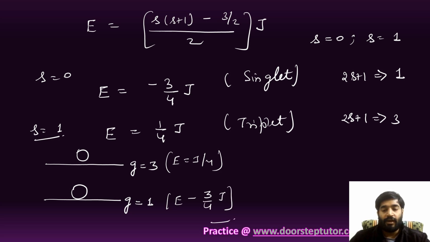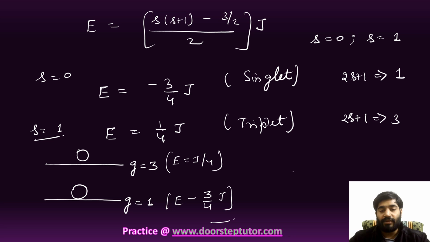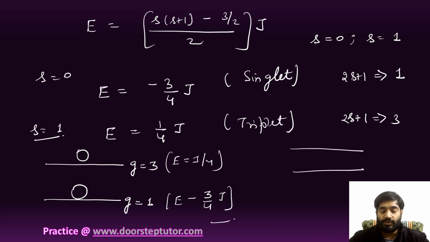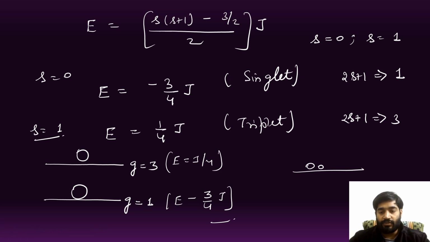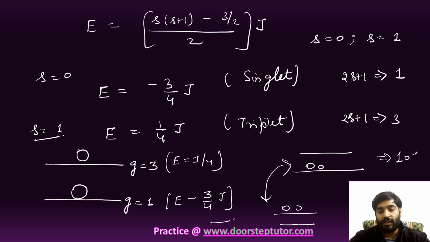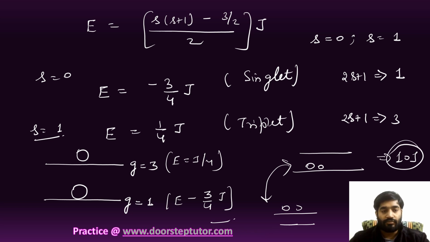Clear? Now it is given in the question that whenever the two electrons occupy the same site, either this or this, it is something like this, or another case is like this one. In either of these two cases, your energy will remain 10J. Clear? Your energy will be 10J.